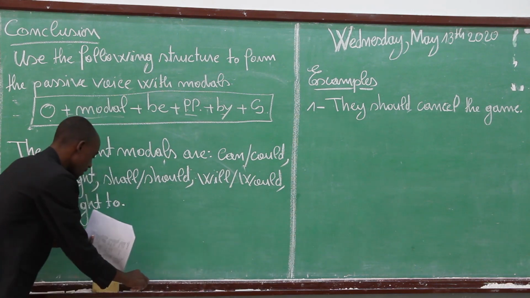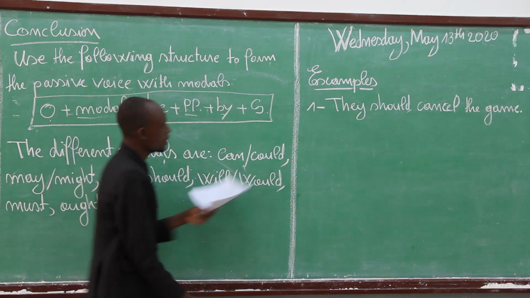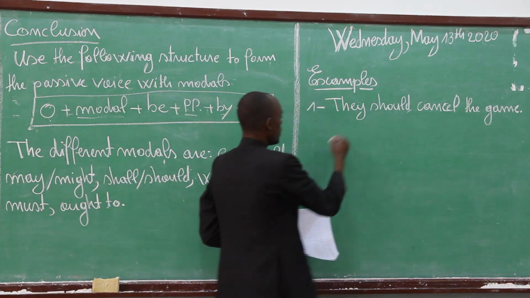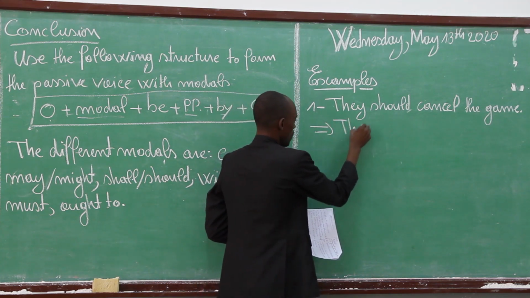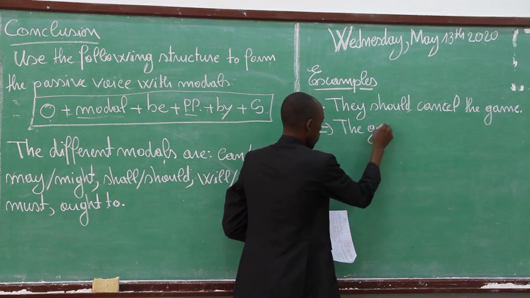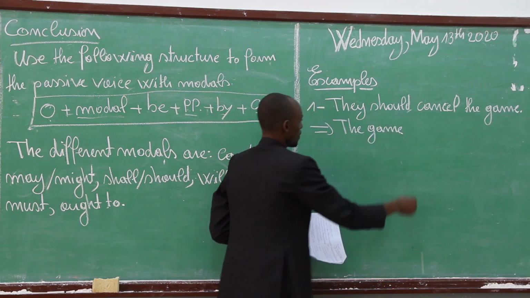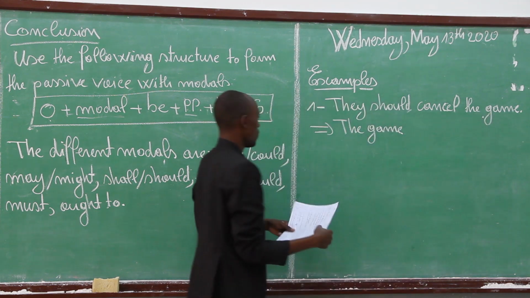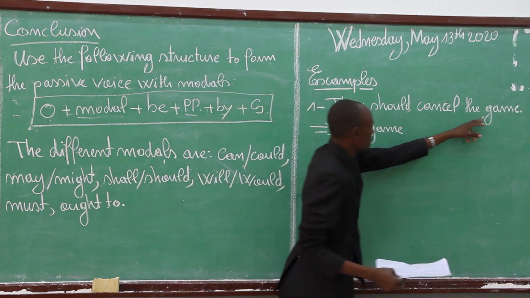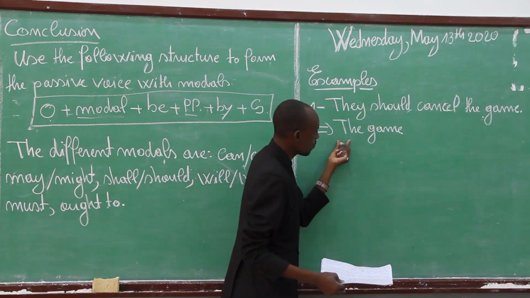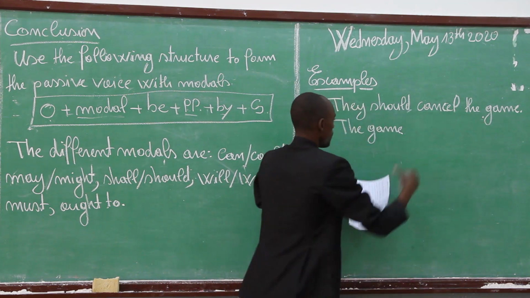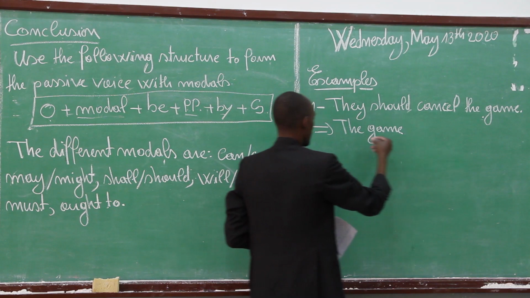Now let's turn this sentence into passive voice. This sentence is in active voice. In passive voice we have the game. Yes, the object is here. We start the sentence with the object. The game is the object, and the object starts the sentence.